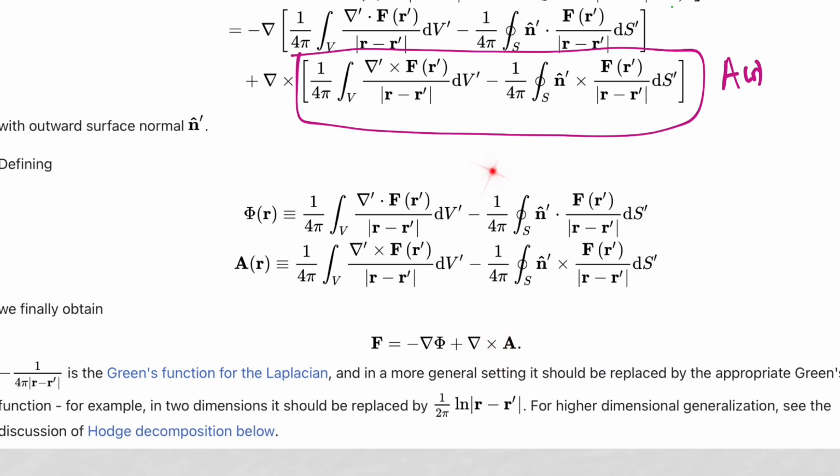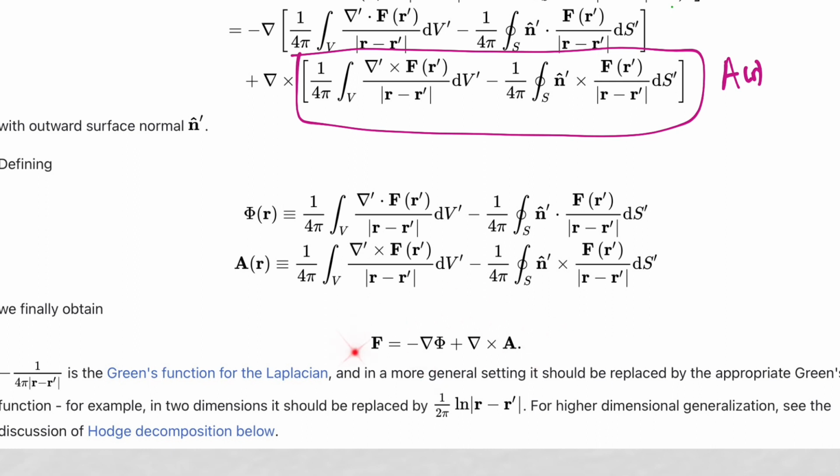And this stuff here, if this is all integrable, right? You can do these integrals, r minus r prime over the surface, that'll never be 0. And so these two things are guaranteed to exist as long as F is some kind of reasonable field, right? Everything has to be continuous and differentiable.